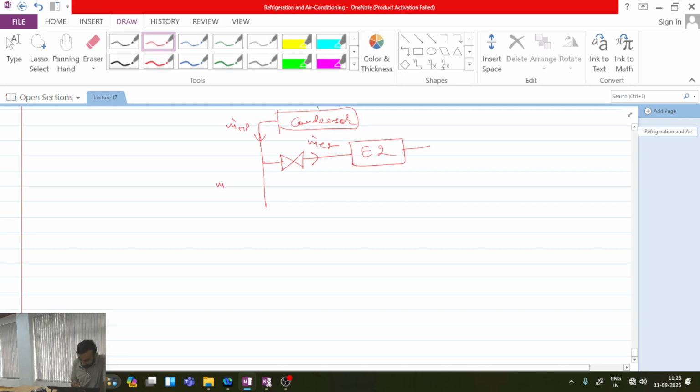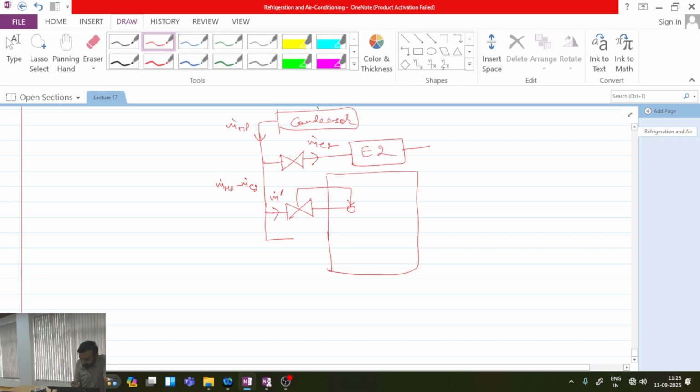Then m dot HP minus m dot E2 mass is going here. Then from here I am having one float, through which m dot dash mass is going.